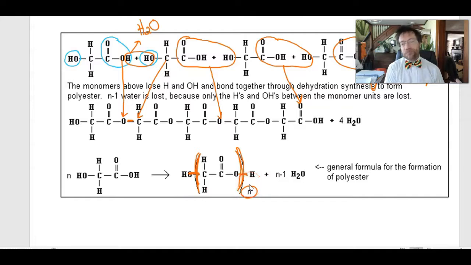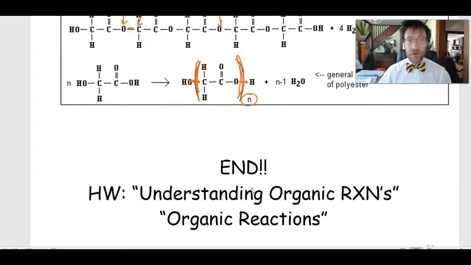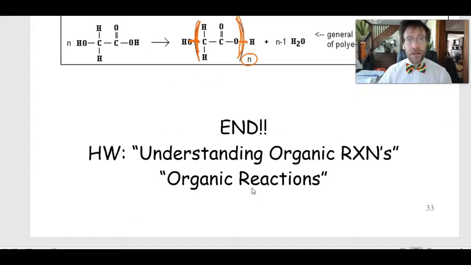Now, for us, we might make a really small polymer just for academic purposes. The real number here would be some astronomical number beyond human comprehension, but there's how you make your polyesters. Do you ever figure that chemistry would be how you make clothing? Well, can you believe it?